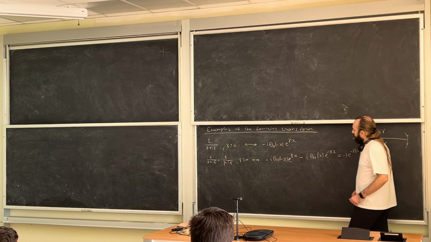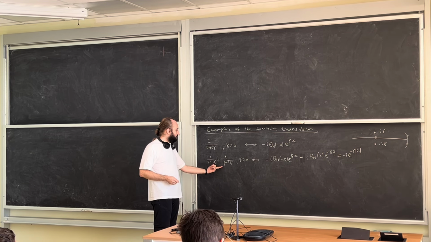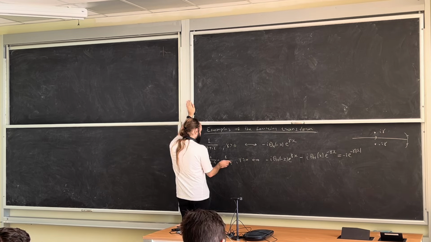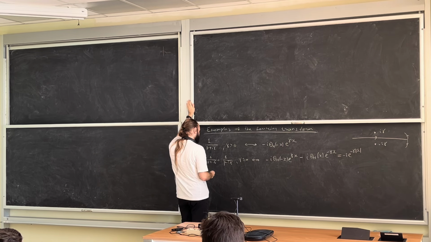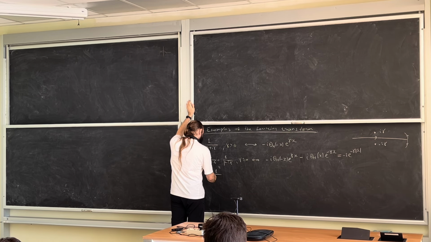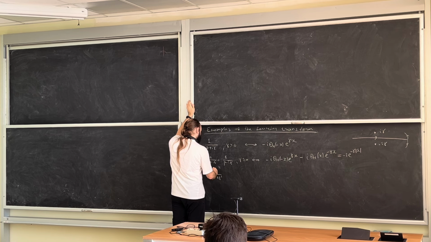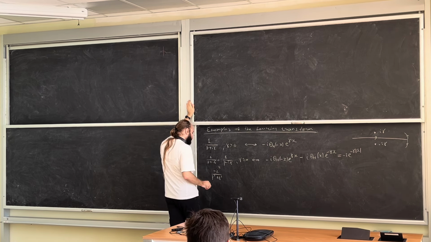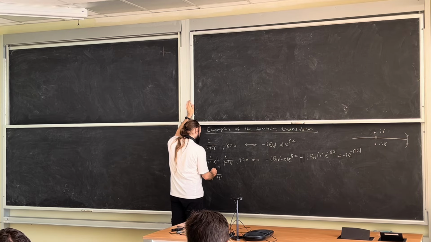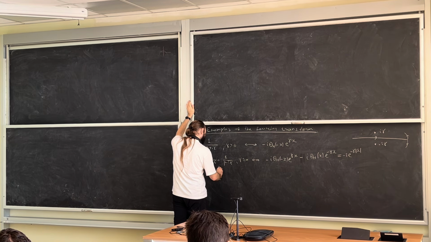So we can also simplify this function, writing it with a common denominator. So we can write it as 1 over p squared plus γ squared minus 2iγ.